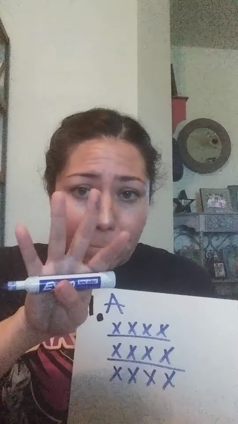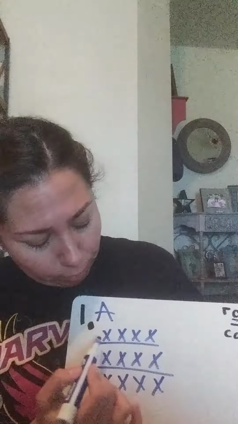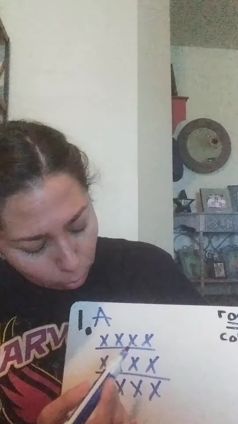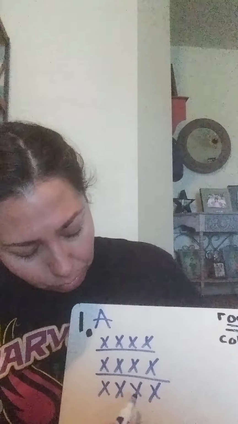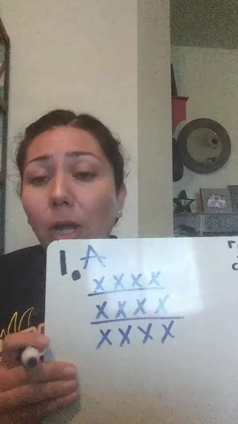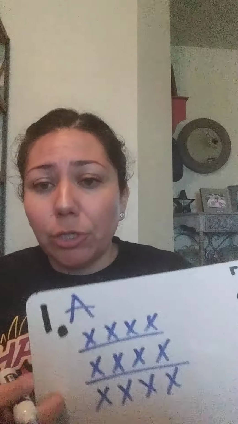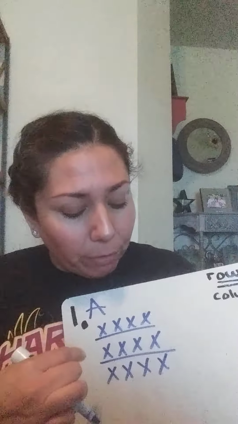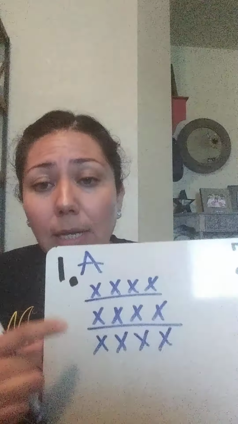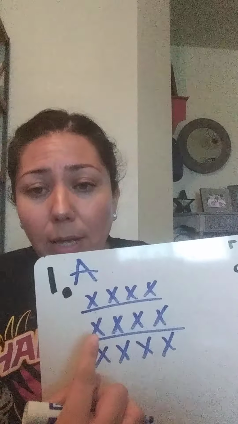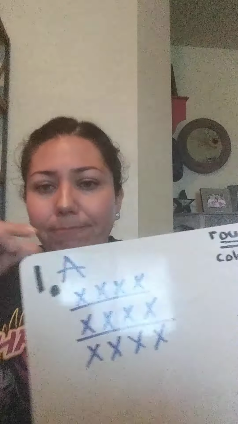And they each have how many? 4, right? 4 X's. 1, 2, 3, 4. So for 1A, this is all we need to do. Just draw however many rows or columns they ask for, with how many items they requested.